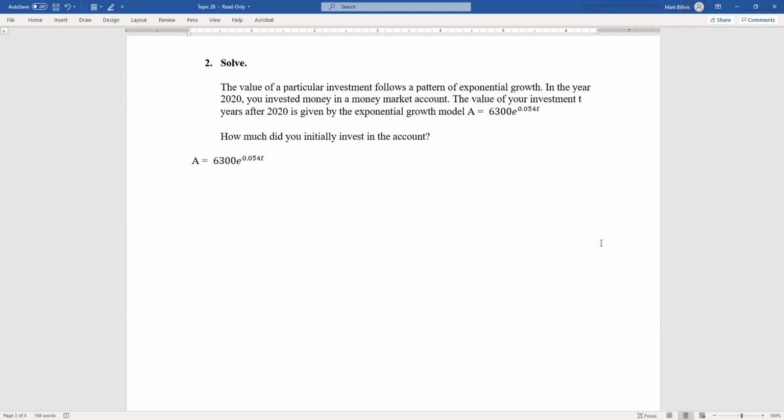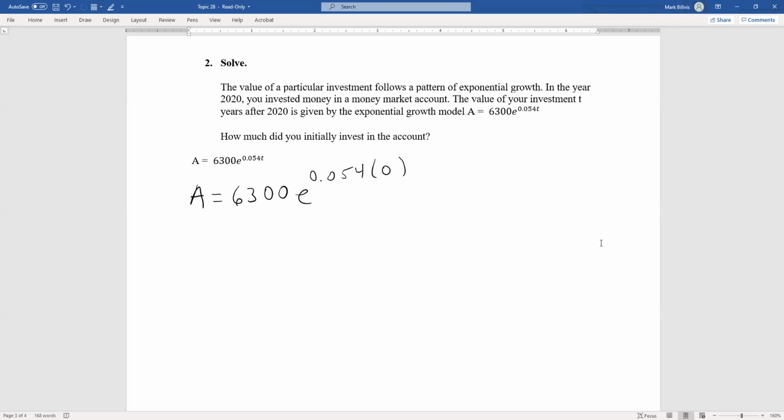So initially investing means how much did you invest in the year 2020? Remember, t years after 2020. In this case, since it's 0 years after the year 2020, we're going to substitute 0 in for t. So we'd have A equals 6,300 e raised to the 0.054 times t, and t in this case is 0.